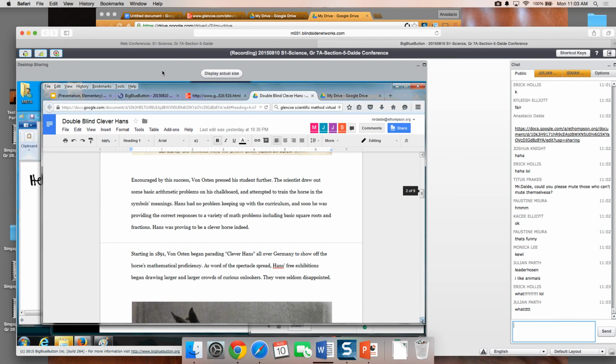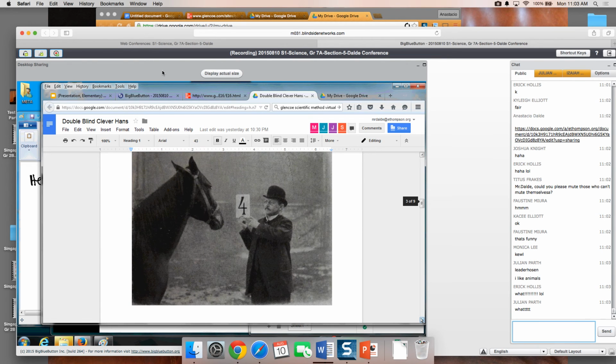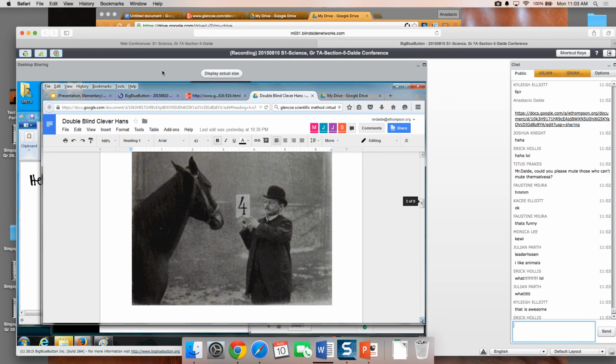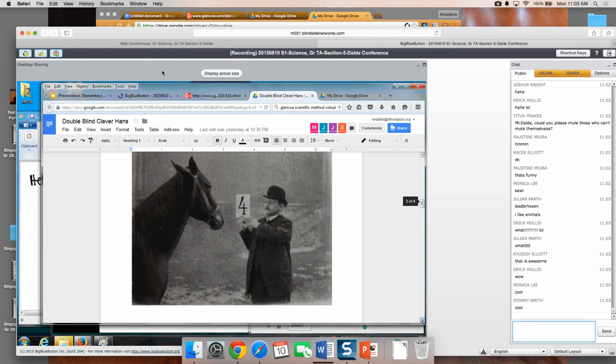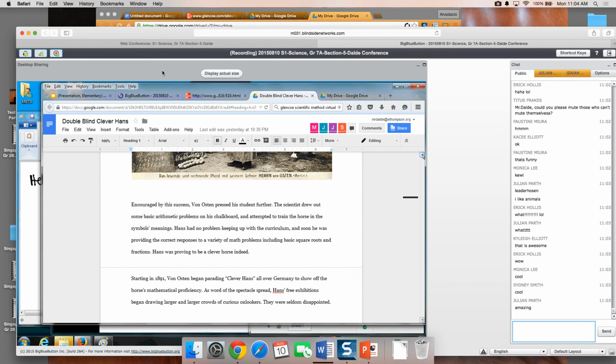If he held up the number 4 without saying anything, the horse would tap its foot 4 times. Or if he told the horse to tap its foot 4 times, it would tap its foot 4 times. I know it's crazy, but it would do even crazier things. It would spell its own name.